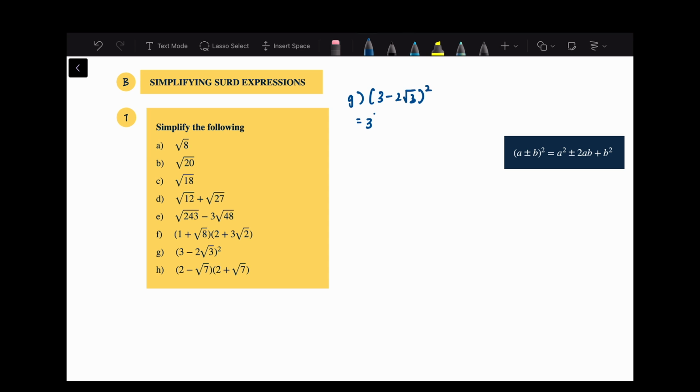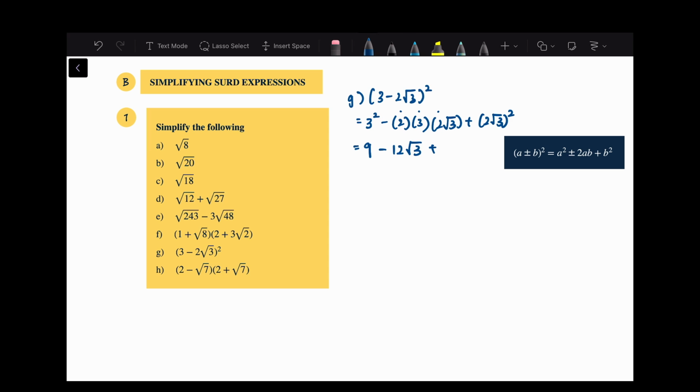All we need to do is to put 3 squared minus 2ab plus b squared. Now to simplify this further, all we need to do is to combine the like terms, meaning 9 and 12 without any surds, we can combine them to give us 21.